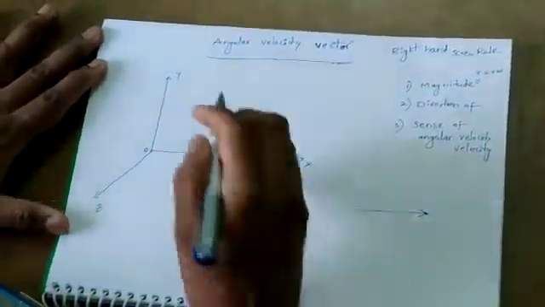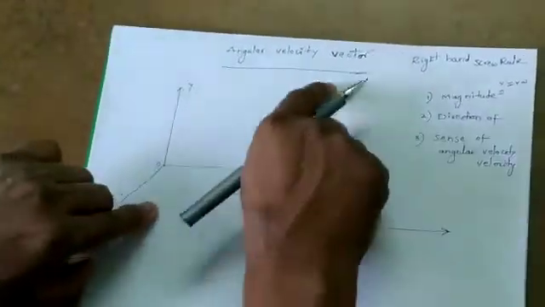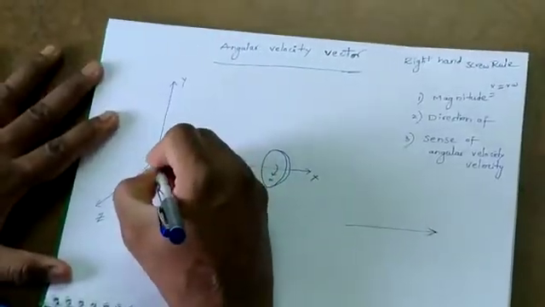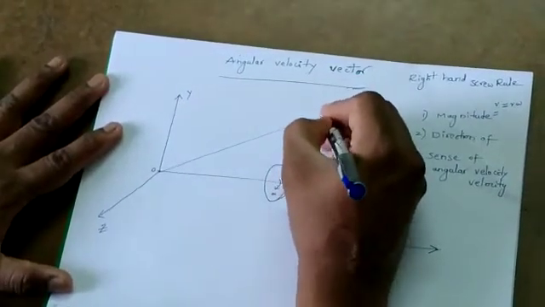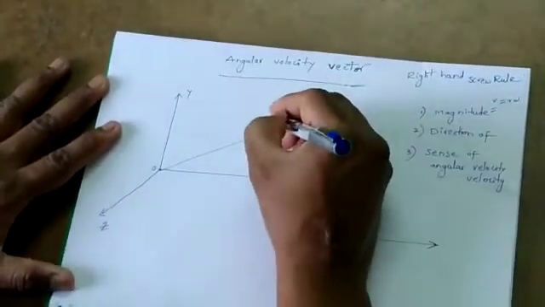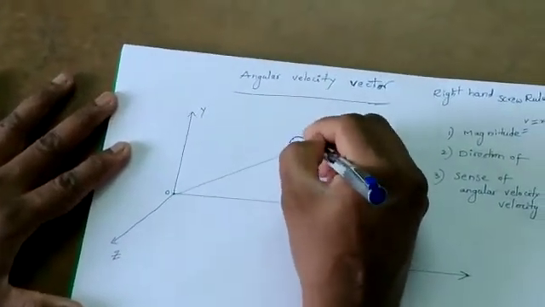Now, as a continuation to this, I am rotating this x-axis by one particular angle. Then the final position of this axis will be x dash. Again the same rotor is rotating in the clockwise direction.